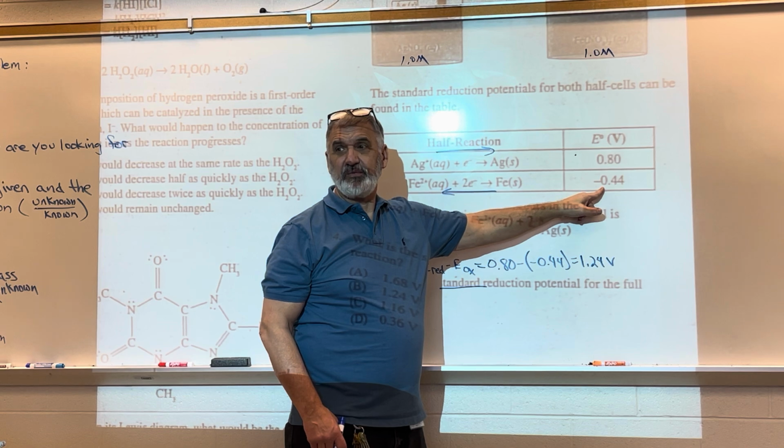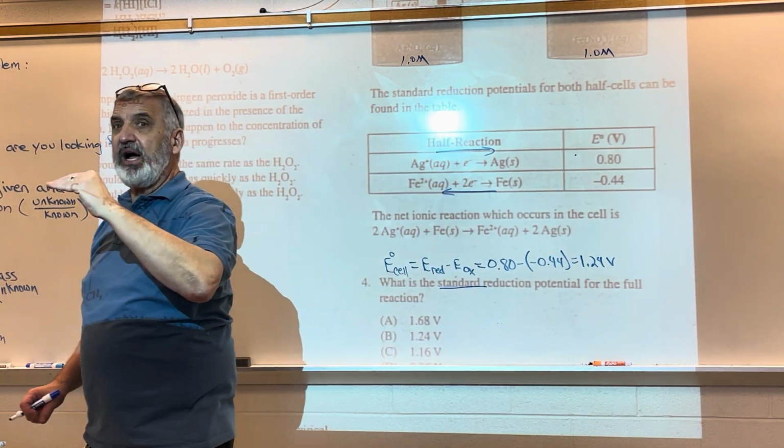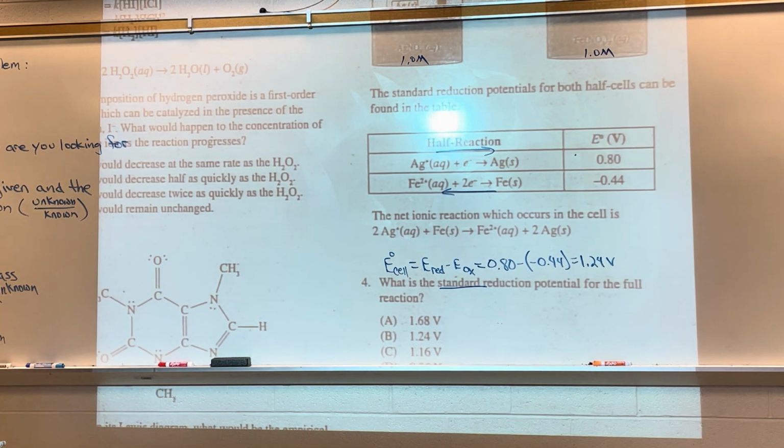These values are all just compared to hydrogen, the reference electrode, which is 0. How much do they want to gain an electron compared to hydrogen? More than hydrogen is positive, less than hydrogen is negative. If both are less than hydrogen, they're both negative, but different values of negative. If they're both greater than hydrogen, they'll both be positive, but different from one another. So it's always just E red minus E ox. Don't complicate it any more than that.